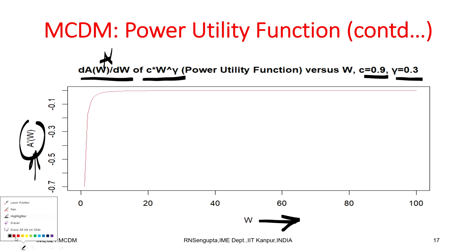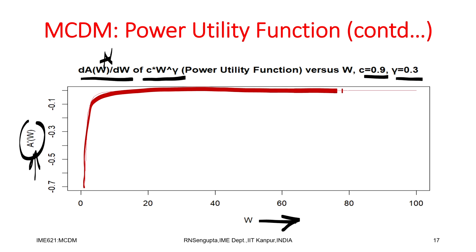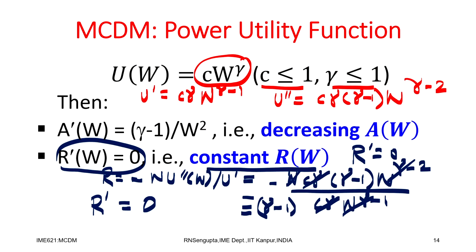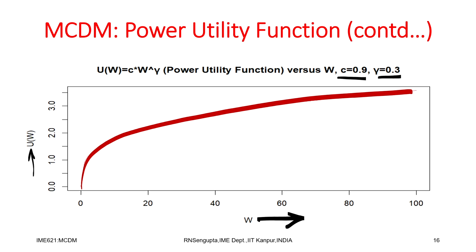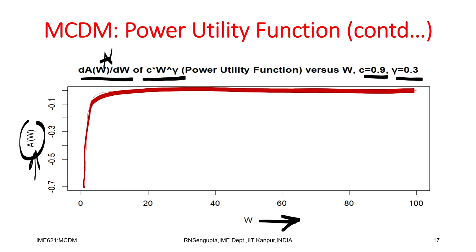And if I plot, the curve is this. So, you remember it was not 0, and let us recollect the value was gamma minus 1 by W square as it is here.